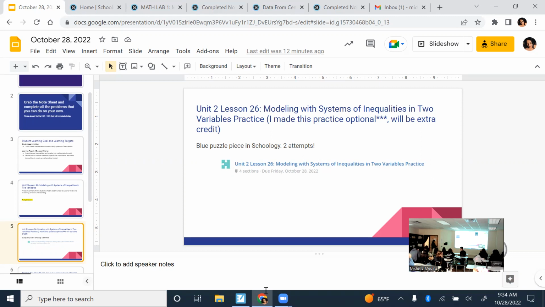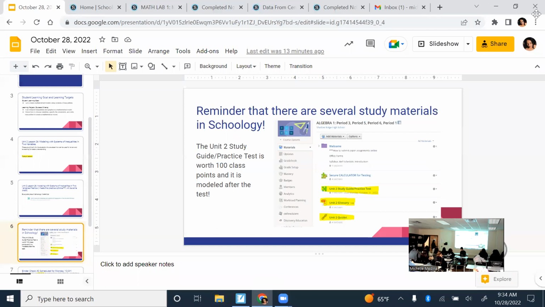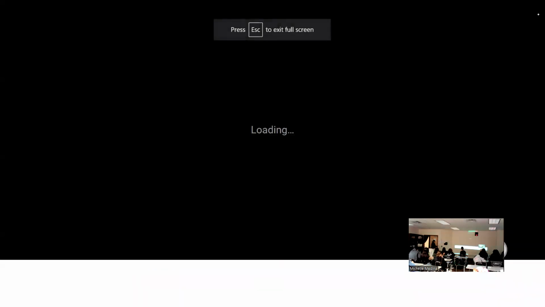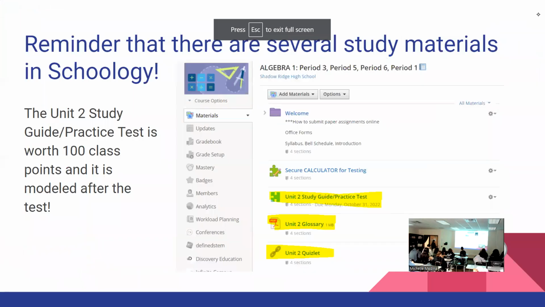I'd rather you have time today to work on your study guide, which is worth 100 class points. It's been available a long time. It's 100 class points based on accuracy. So don't think you're going to get away with putting random answers and getting an automatic one time.